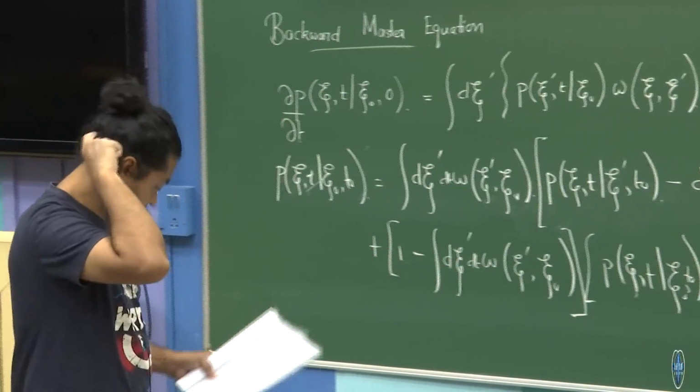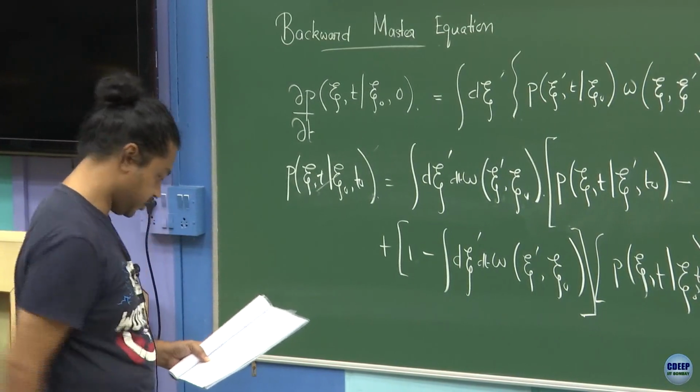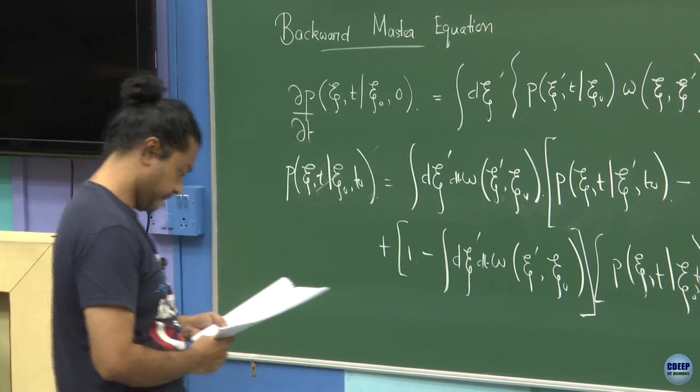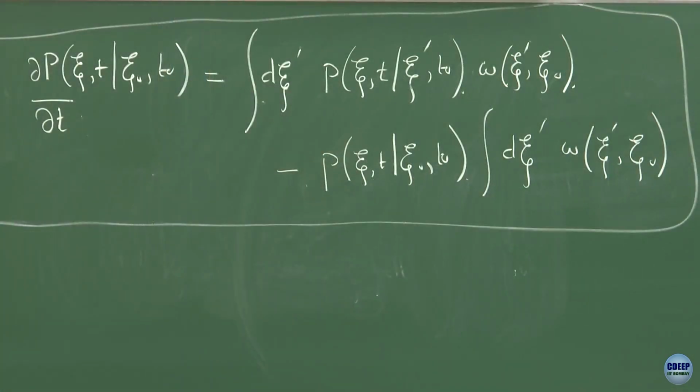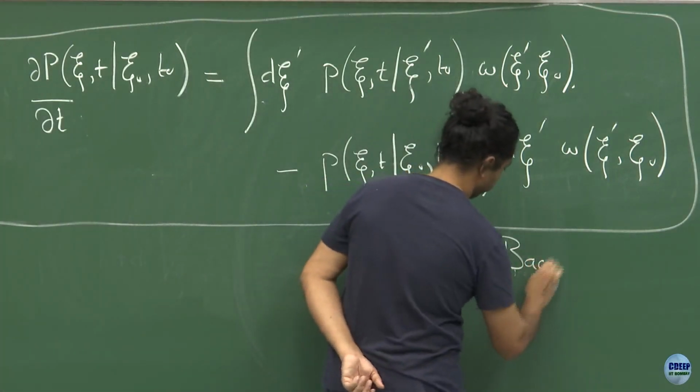Psi prime to psi, omega psi naught to psi prime. Yes, so this is fine. Right. Okay, so this is the backward master equation.